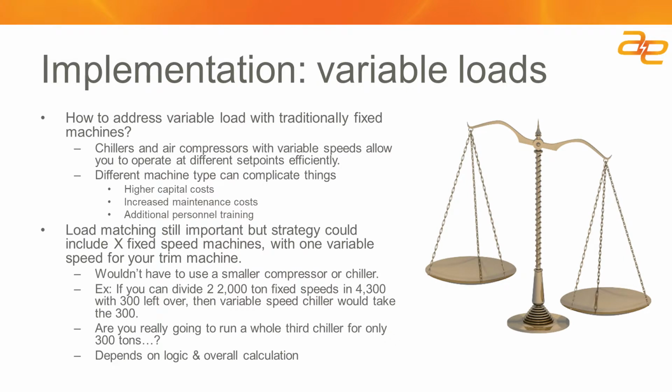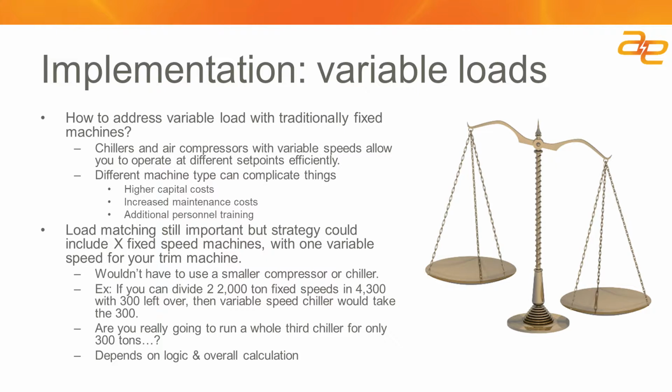Another consideration when designing your equipment sequencing controls is to really understand the variability. If your process is fairly consistent, and this might be the difference between a process or manufacturing environment versus, say, a commercial building or a hospital or an institutional environment, then you may be able to use what we would consider fixed output machines.